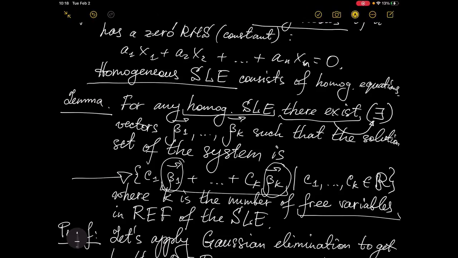Pay attention that regardless of whether your system is homogeneous or not, the number of free variables will be the same, right? Because the number of free variables depends only on the coefficients matrix, not on the right-hand sides.